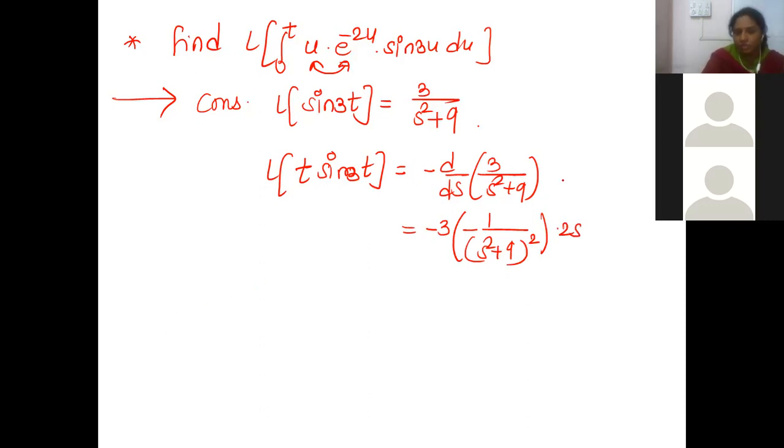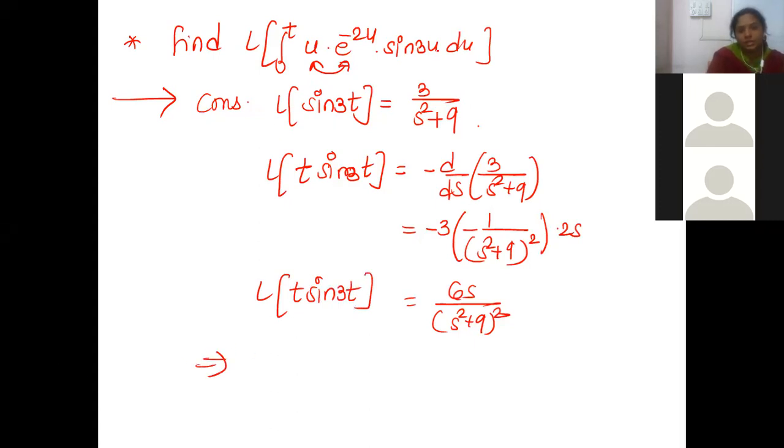Or you can also use the formula for something raised to n. Now minus minus plus, 3 into 2, 6s upon s square plus 9 whole square, which is the Laplace of t sine 3t. You are all solving with me, please?